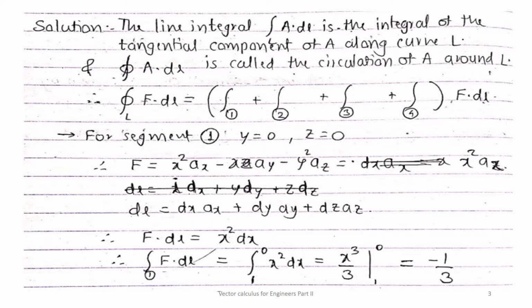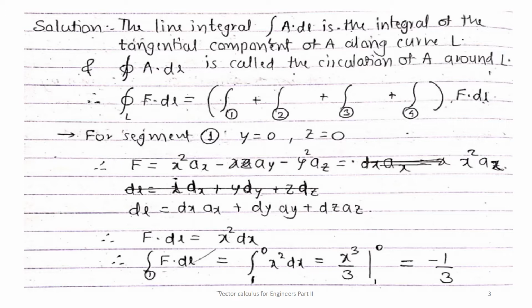Here I define line integral again. The line integral A dot dl along path L is the integral of the tangential component. So there are segments here, but there can be a curve. Hence the tangential component of A is a function along curve L. So function f is already given. So for segment 1, you can write y is equal to 0, z is equal to 0. See the diagram and you will come to know that here y is equal to 0 and z is equal to 0.